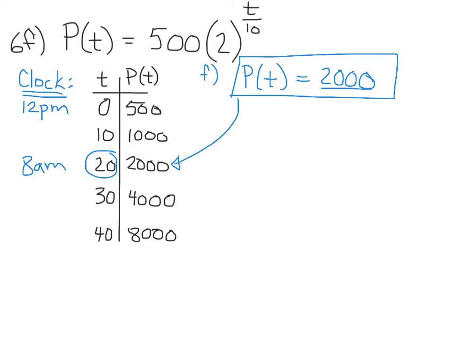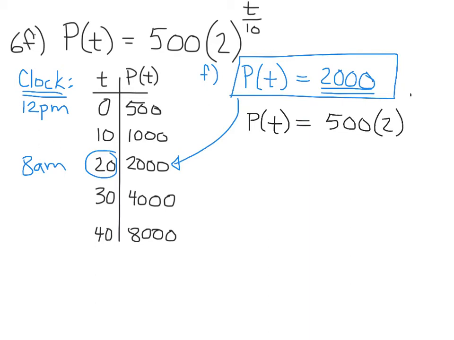Because this was a nice number, 2,000. But let's do this question as if they were asking us and show how we get this mathematically. So what I'm going to do is rewrite the formula, and the formula looks like this.